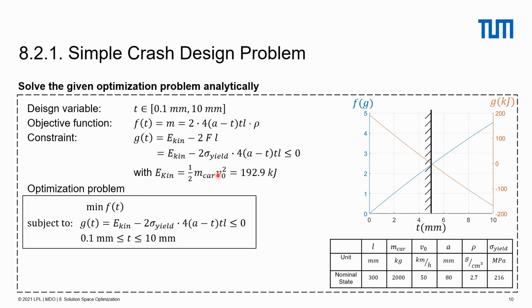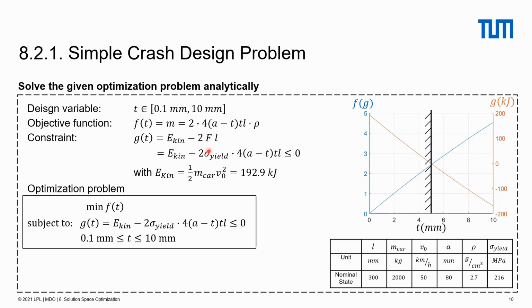That is weight times velocity squared divided by 2, and the energy absorbed by the side bins can be 2 times the force times the length, and the formula for the force is already given.